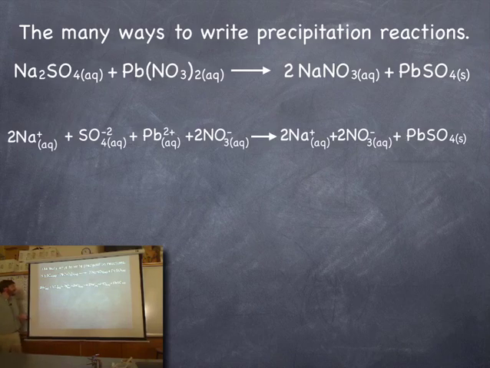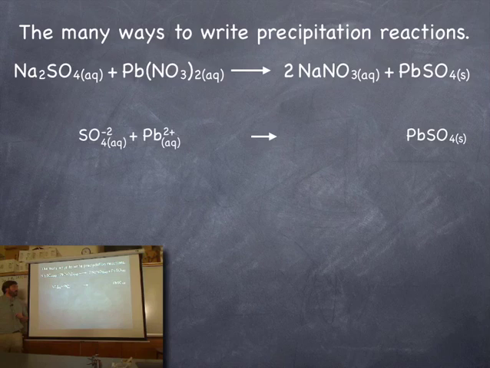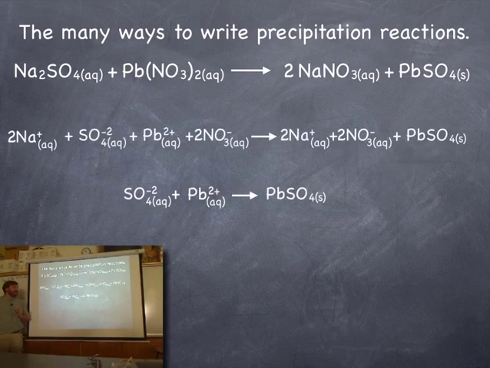So we're going to take the sodiums and the nitrates out of the solution. Those sodium and nitrates go away, and we're left with our net ionic equation, just the actual things that changed as part of the reaction, because they're canceling out. They have to be the exact same on both sides.